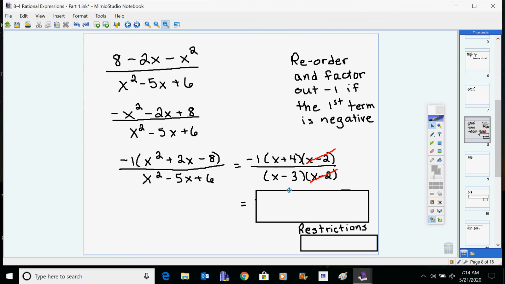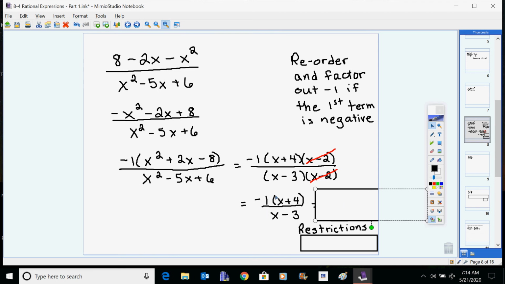Once you're sure that everything is canceled out, you can multiply back in to make it look more elegant for your final simplified form, negative x minus 4 over x minus 3. Then check for restrictions.